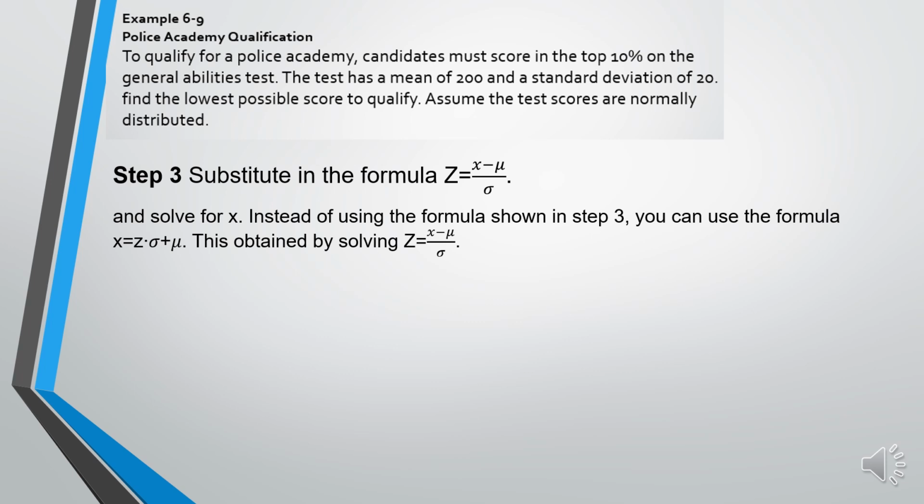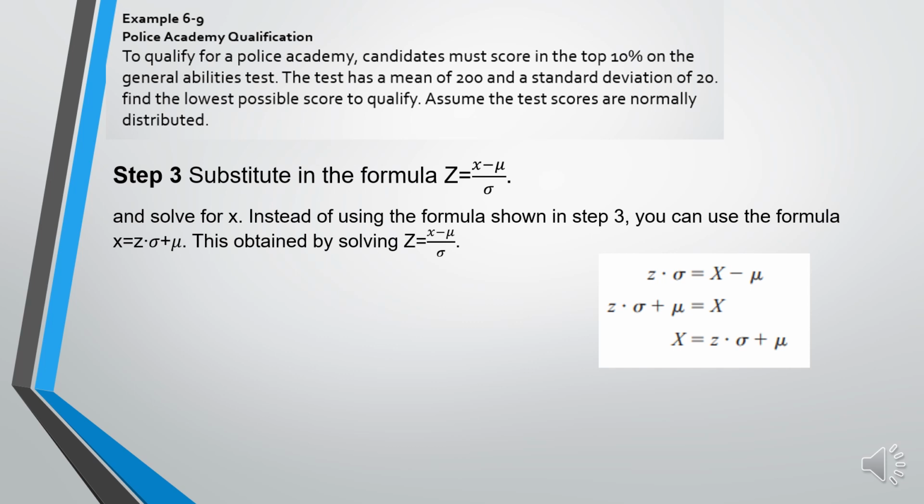So, how do we come up with this formula? We just multiply both sides by the standard deviation. So it is equal to z times standard deviation is equal to x minus mean. To remove the negative mean on the left-hand side, we need to add the mean to both sides.